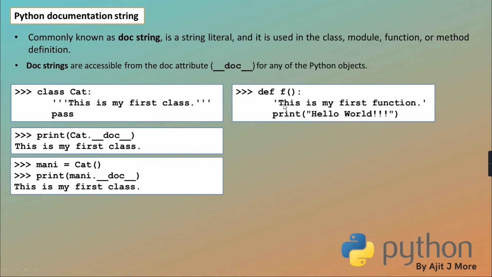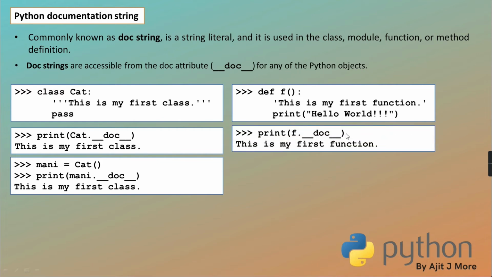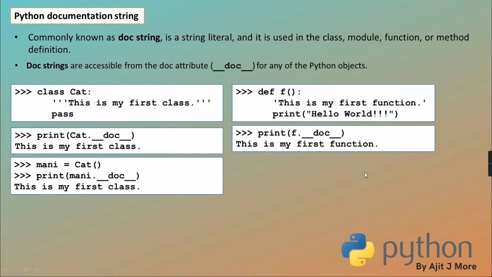Even within the function. Clear? Just I'll complete this and then I'll answer your question. So if this is a function and in that also you are writing a string, will this string get stored in that doc property of that f dot double underscore doc? It gets printed. Same thing you can do for method also, module also is possible.